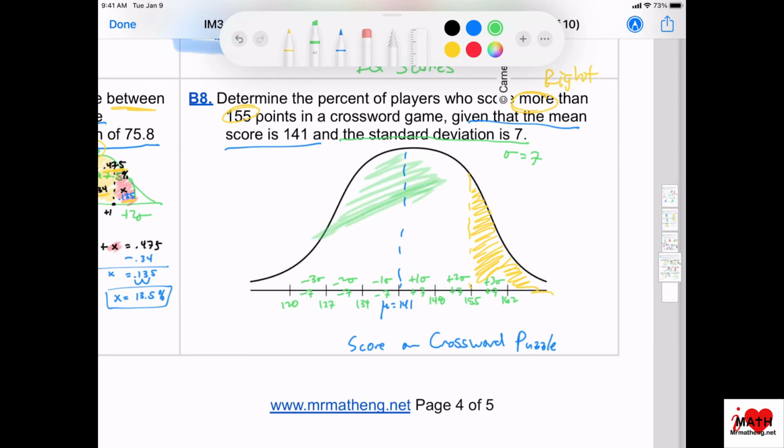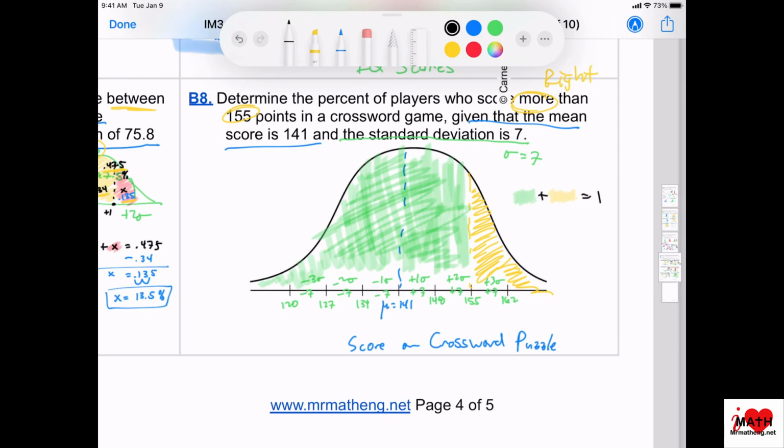Okay? It's kind of fun, coloring, shading, right? Kind of messy, sorry. So yellow plus green equals 1. Yellow, green plus yellow equals 1.